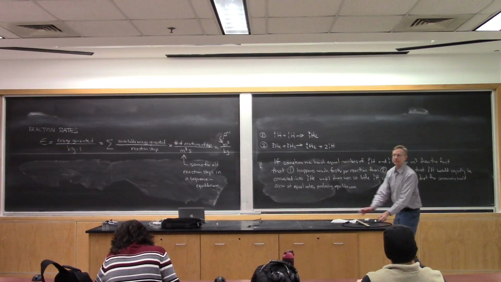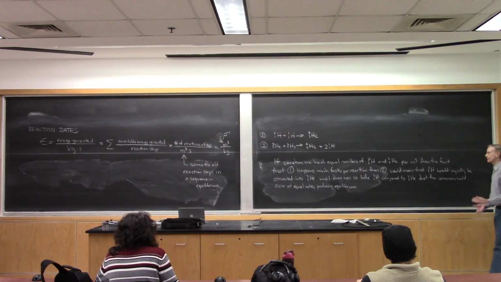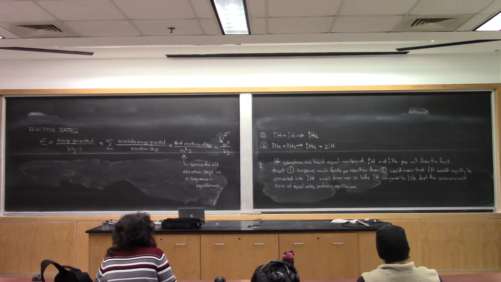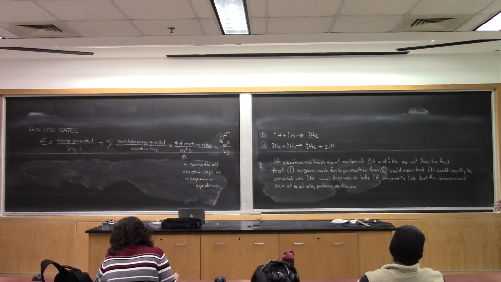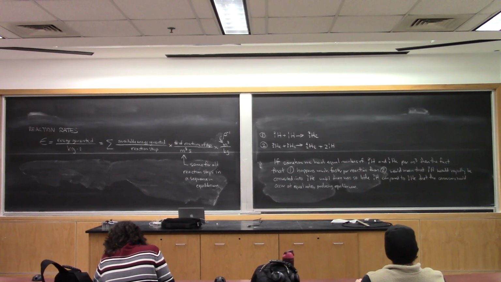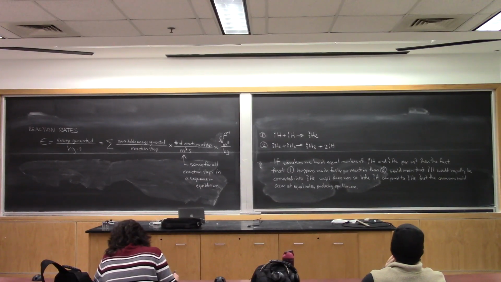Does that make sense? I'm not guaranteeing I'll ask you this on the exam, but I sure might be tempted to ask you to explain how come in the sun's core there's a lot more helium-3 nuclei per cubic meter than there are deuterium nuclei per cubic meter? The answer is that if that wasn't the case, the deuterium would be rapidly converted into helium-3 because it's so much easier to do that than it is to convert helium-3 into helium-4.